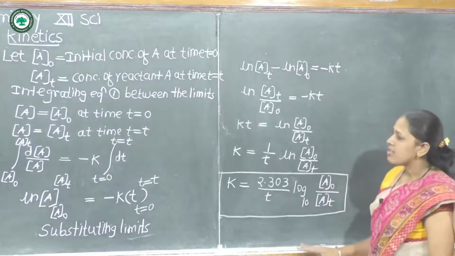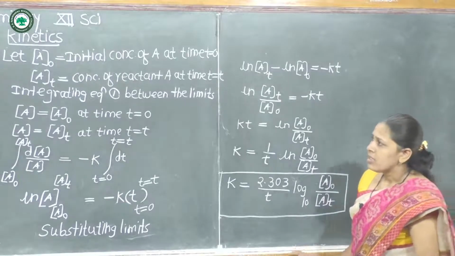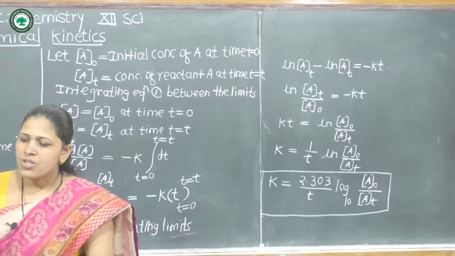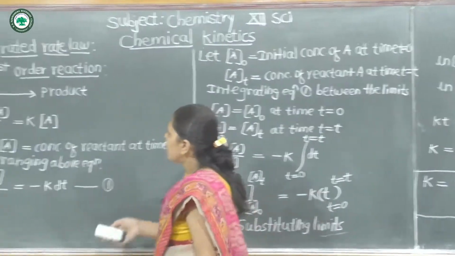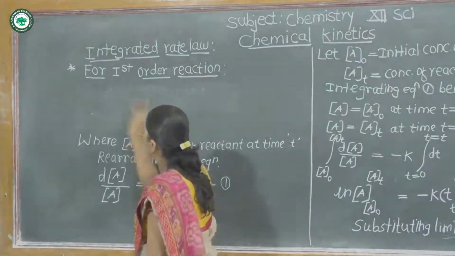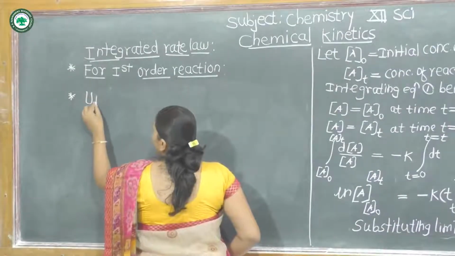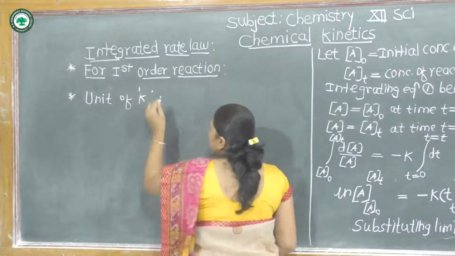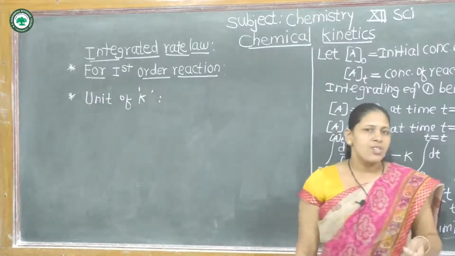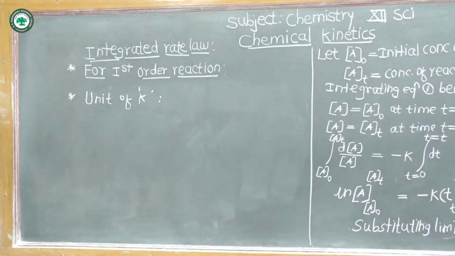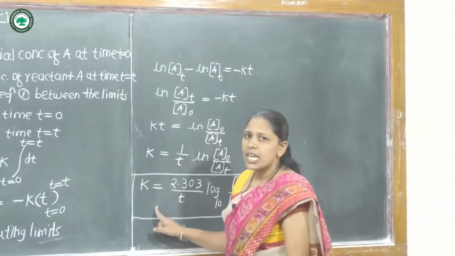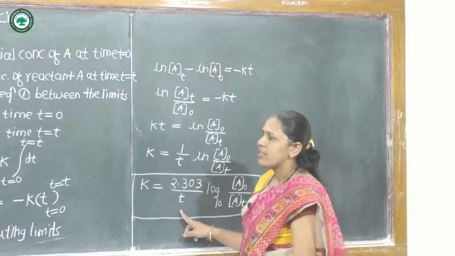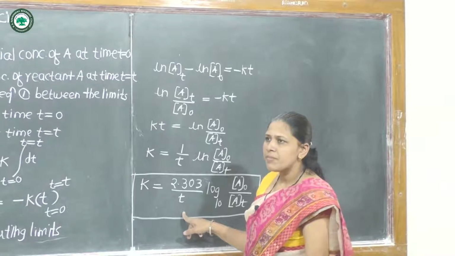Then the next point is the unit of rate constant for first order reaction. Here K is equal to 2.303 divided by t. What is the unit of time?